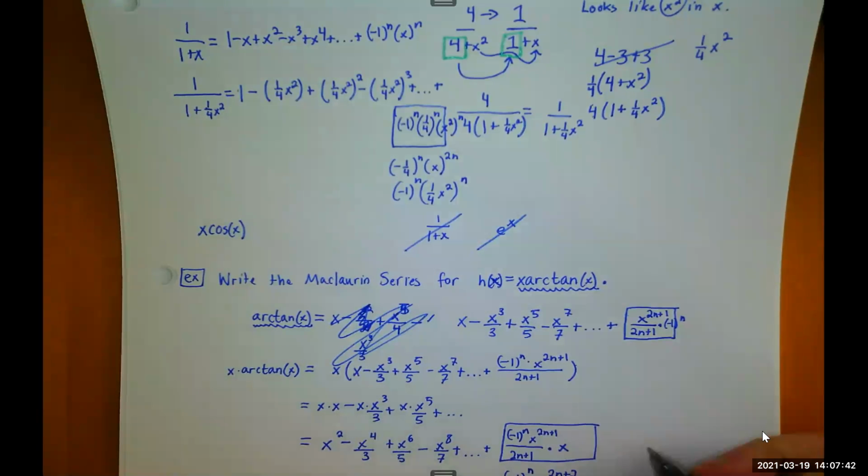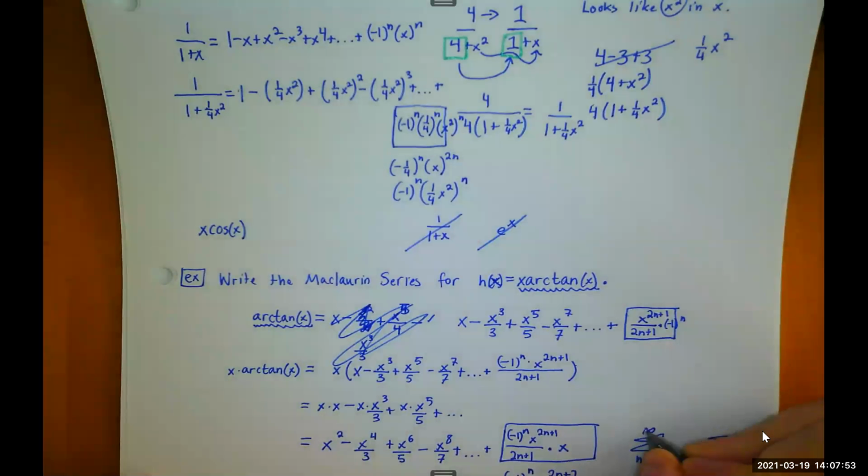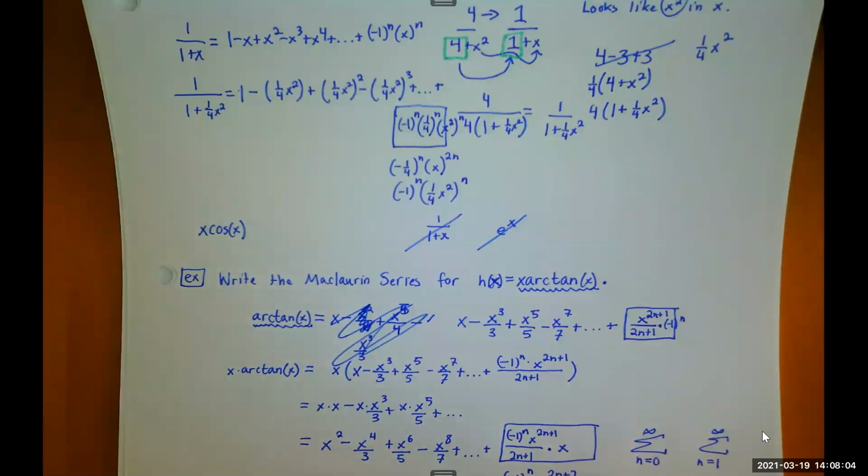Now, one thing you do want to be a little bit careful about is you should specify. I often like to write it in sigma notation so that it's clear to my audience what I'm starting at, 0, 1, whatever. That way there's no confusion about the accuracy of my formula. So this formula here works when n equals 0, because we get -1 to the 0, x to the second, 1 in the denominator.